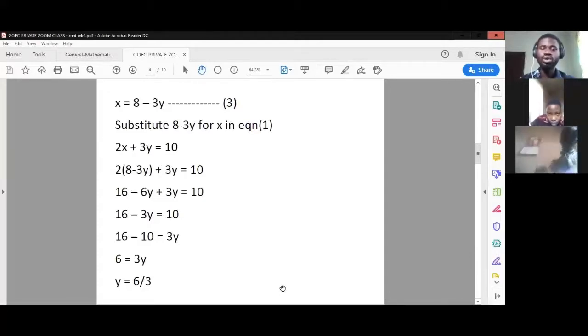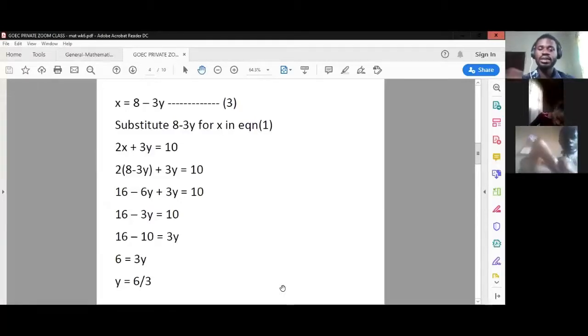Okay, now we'll go to step 5. We have said substitute back into another equation. Then step 5, simplify until you get an answer for one of the unknowns.